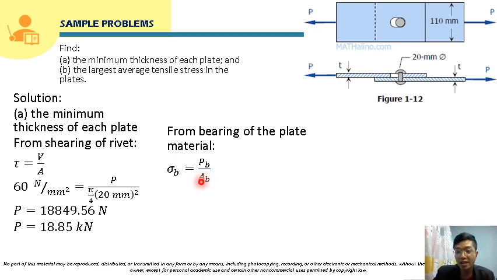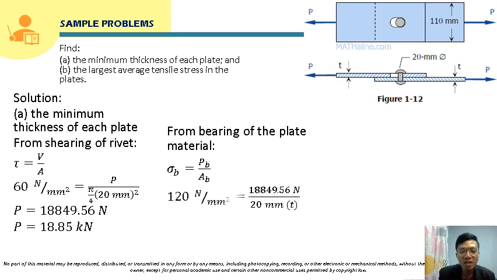where AB here is the contact area. In this case, the given bearing stress of the plate is 120 megapascal, or we can rewrite that as Newton per millimeter squared. So this will be equal to our PB, the bearing force. Now, of course, the bearing will happen.